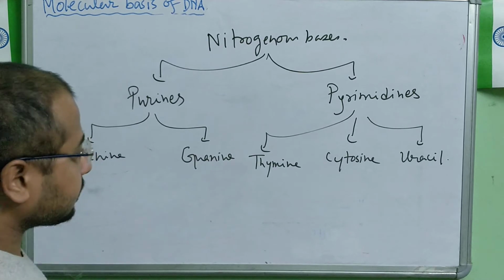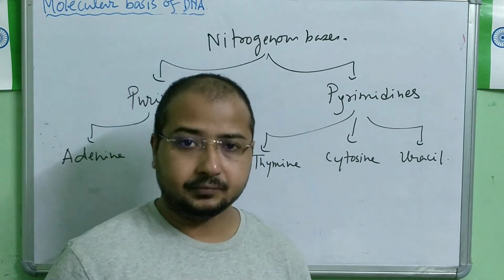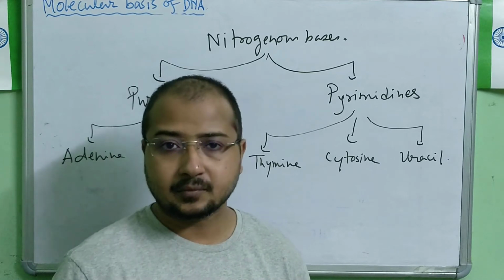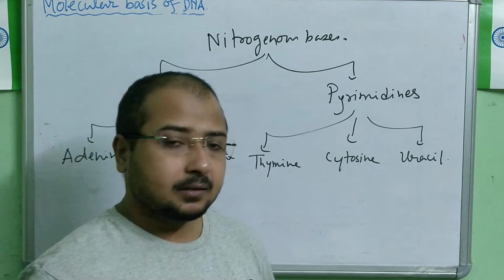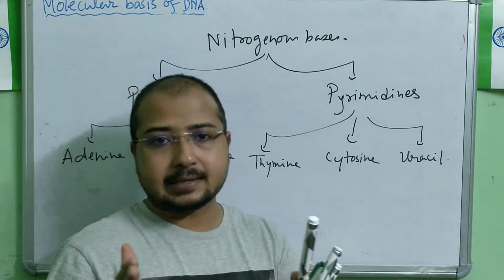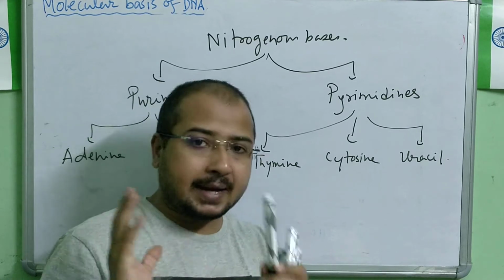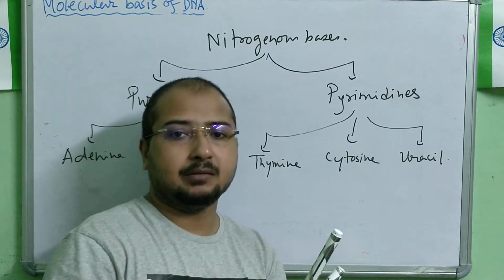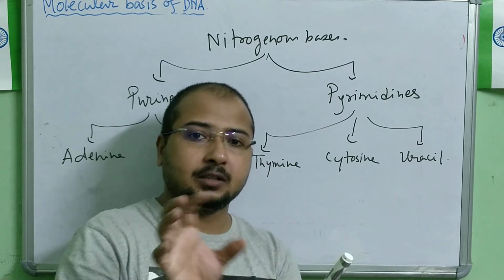Now there is a concept called base pairing in the DNA. Base pairing means that two bases pair up, one purine and one pyrimidine. Clear? One purine binds with a pyrimidine.